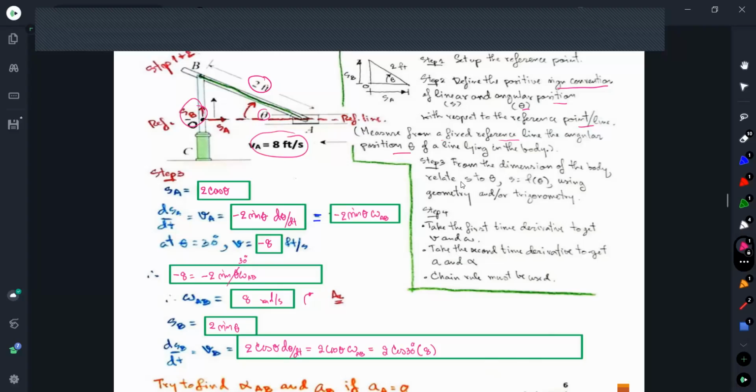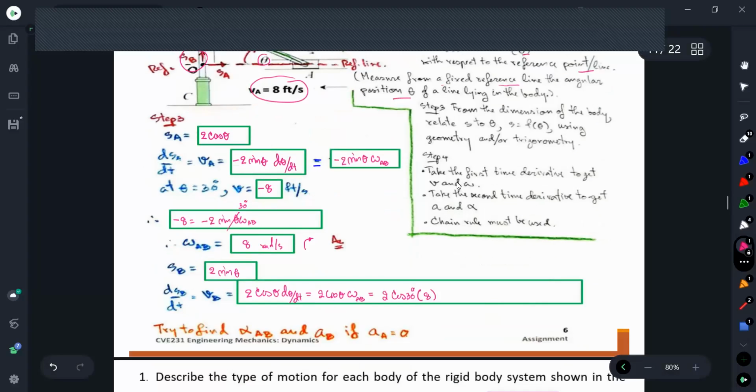But in this case, we found that theta is clockwise as positive. After we substitute each value, we obtain the velocity of point B as 13.86 feet per second.